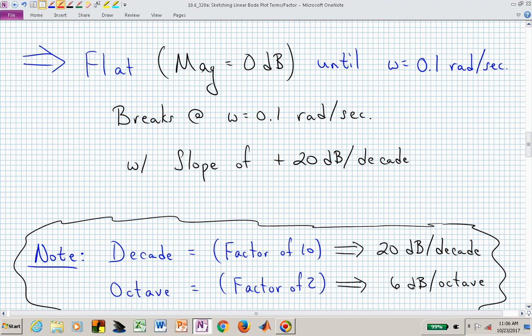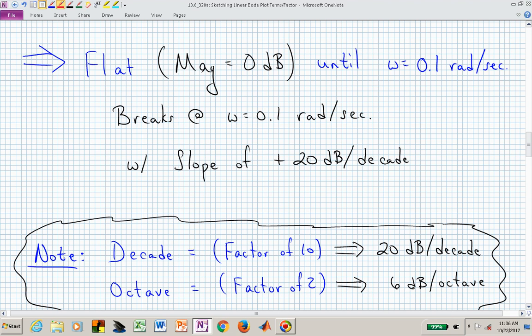If you looked at frequencies musically, you would see that an octave consists of a factor of 2. So if you went from middle C, let's say that that's roughly 250 hertz, up to the C above that, you're now talking around 500 hertz. So an octave is a factor of 2.